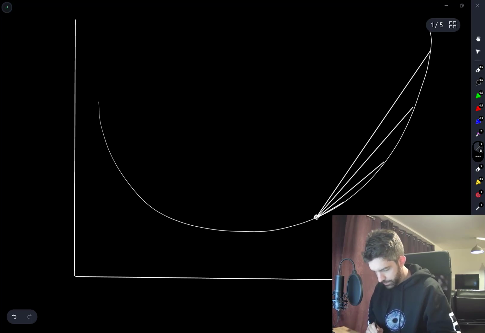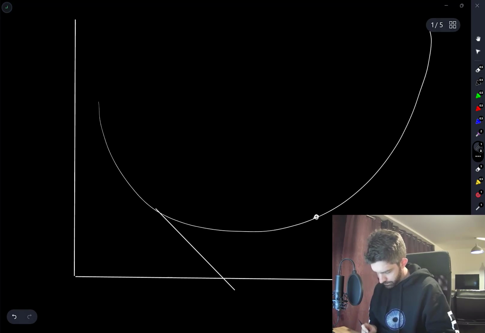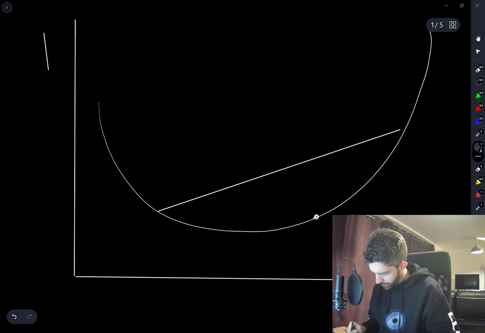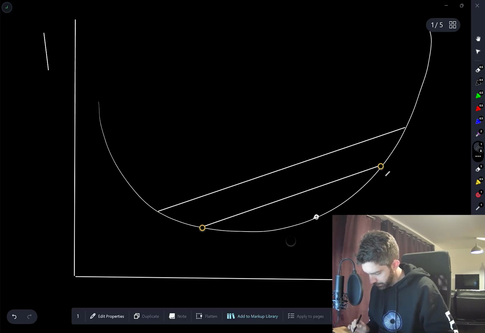But another way to do it is instead take the slopes on symmetric sides of the point like that.